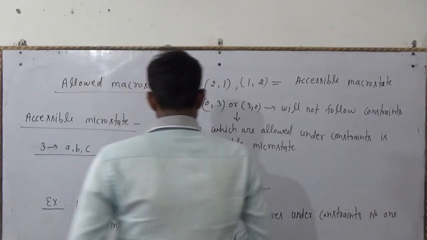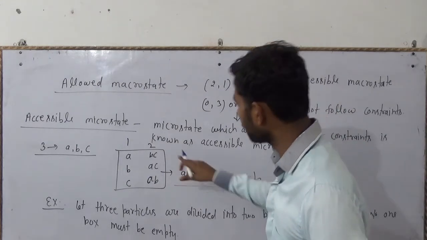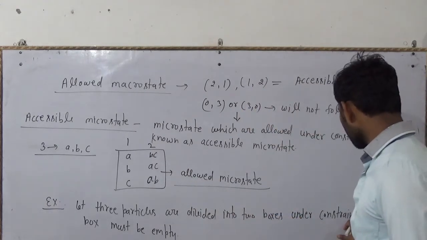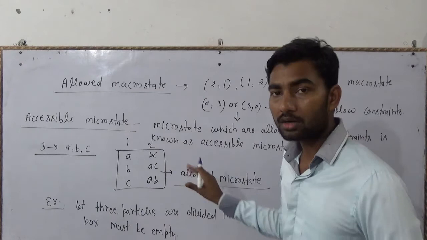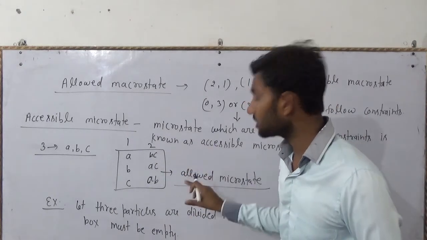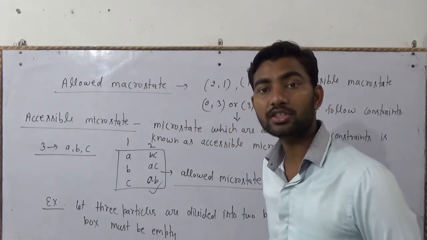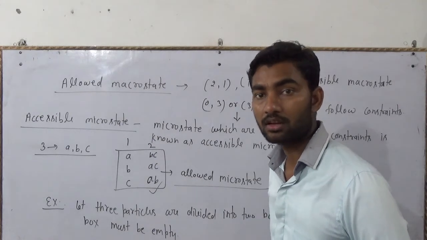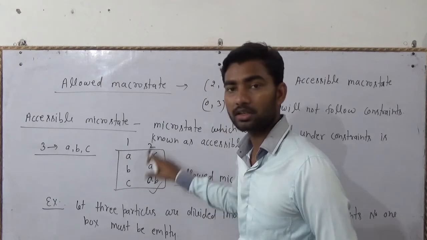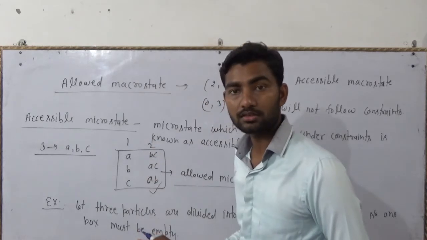Why are these microstates allowed? Friends, these microstates are allowed because, under the given constraint condition, the particles are distributed so that no box is empty in these two boxes.